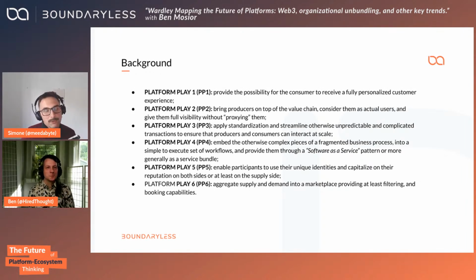We're talking about what happens normally in marketplaces, where you have 2 parties interacting on top of a standard process. For example, booking a room on Airbnb is a standardized way to do business between suppliers and consumers. And that's normally platform play number 3.